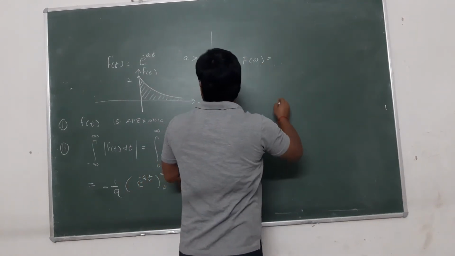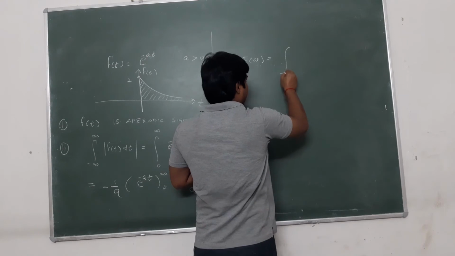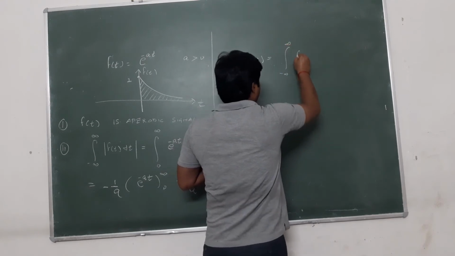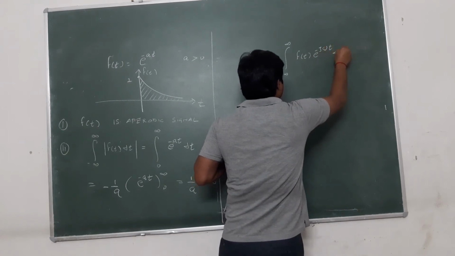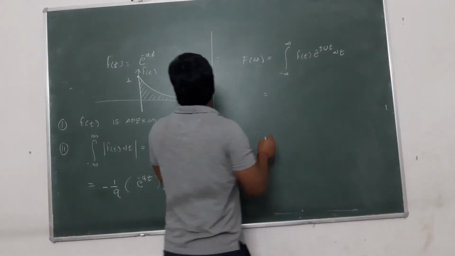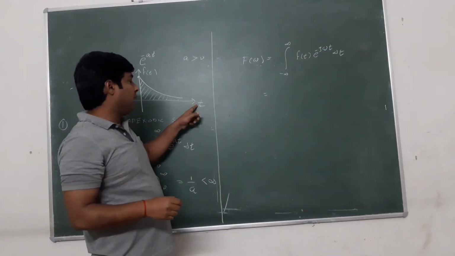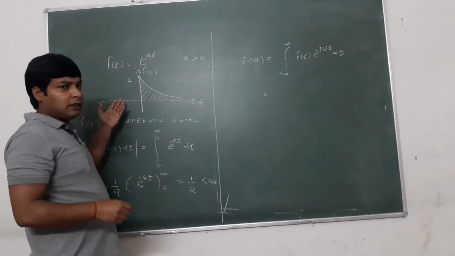F(omega) is equal to the integral from minus infinity to infinity of f(t) e to the power minus j omega t dt. The limits will change from 0 to infinity because before 0 this signal is 0.